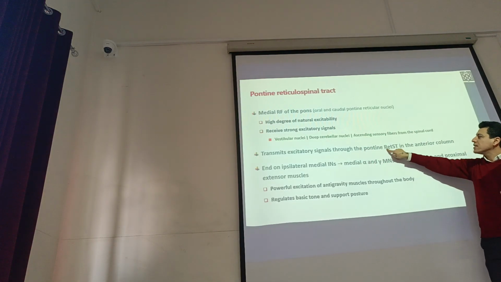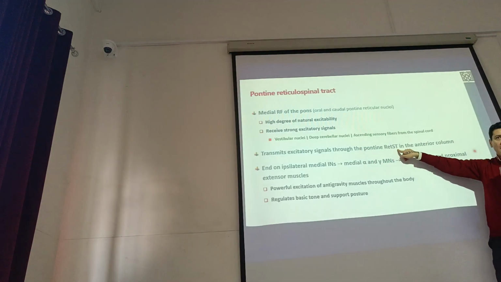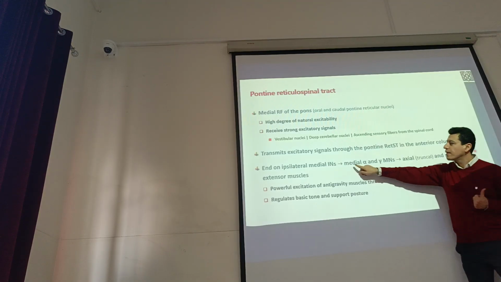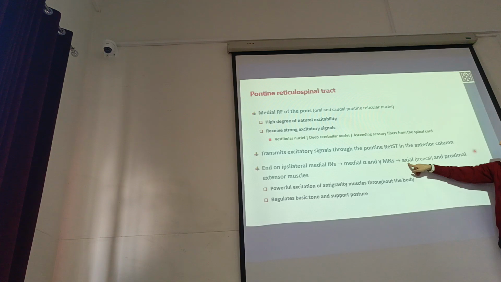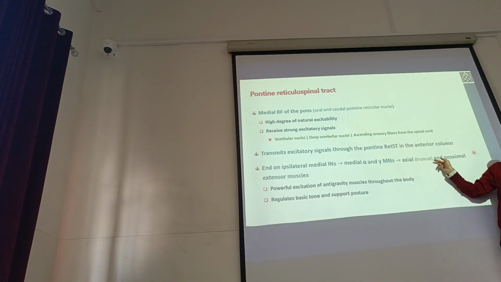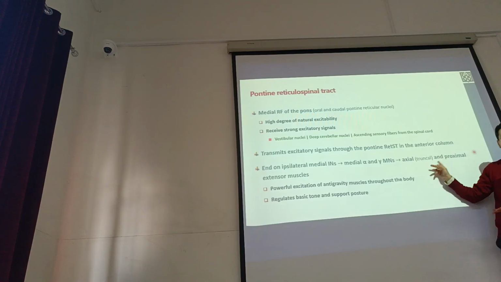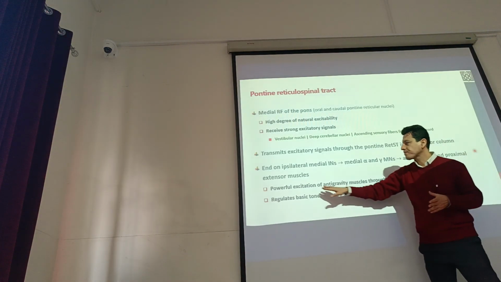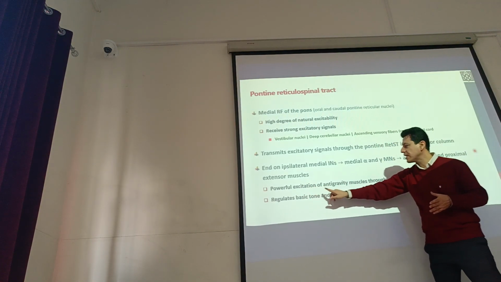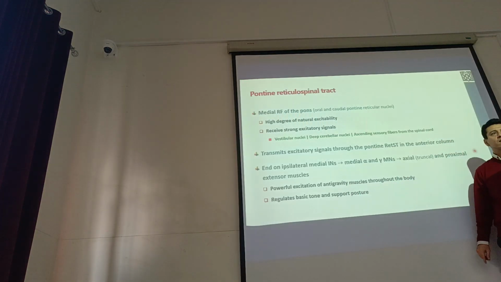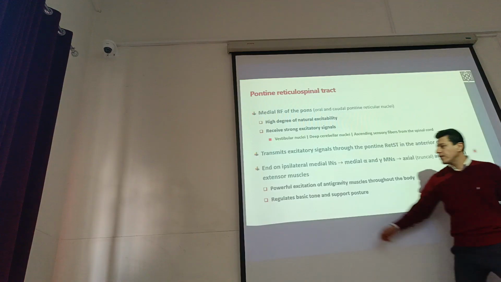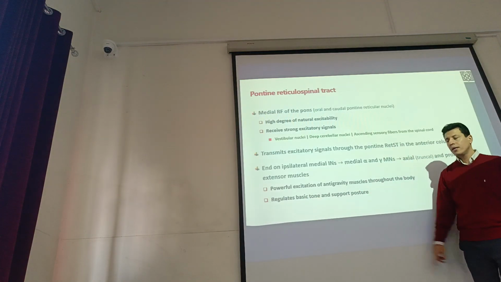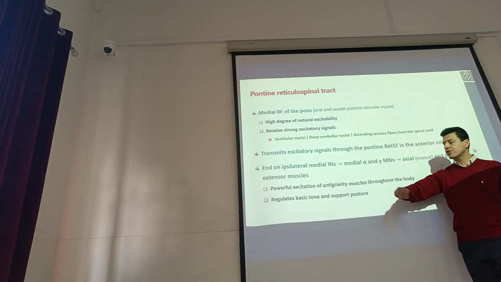They go through pontine reticulospinal tract down the spinal cord. They reach medial alpha and gamma motor neurons. They innervate axial muscles, proximal muscles, right? I told you all of this. And then they cause powerful excitation of anti-gravity muscles throughout the body, right? So they regulate basic tone and support posture.